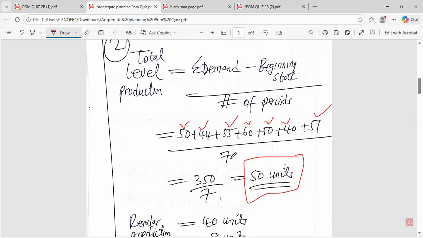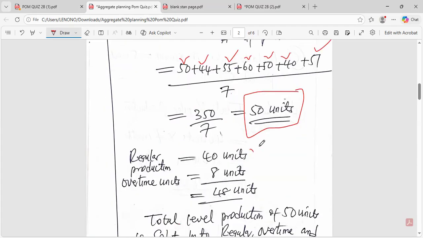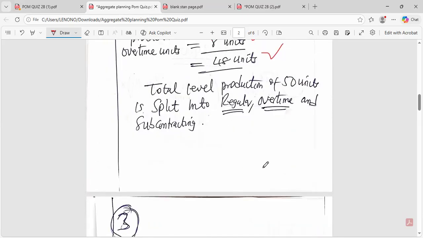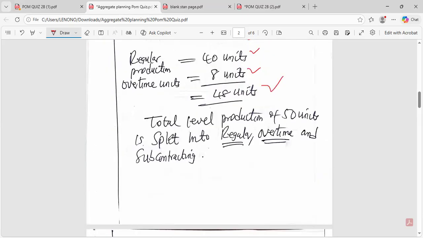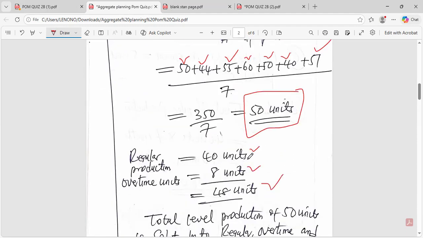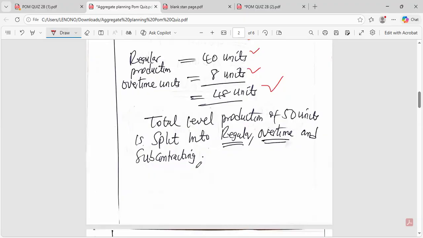Of this production, the regular production is 40 units and the overtime units is 8 units, giving a total of 48 units, meaning that some units will be subcontracted. So from the 50 units, 2 units will not be produced by us. We are going to subcontract them. So we're going to have what we call subcontracting units.